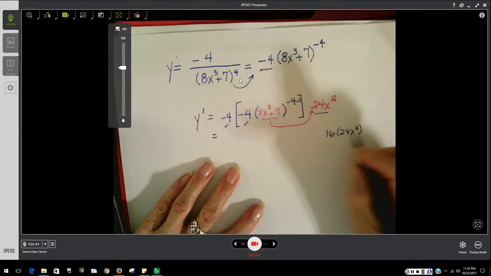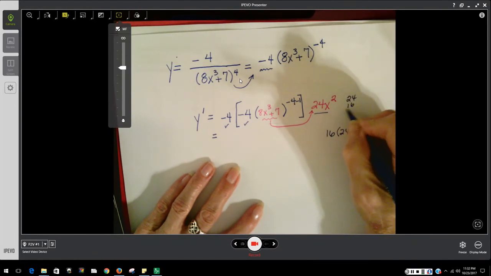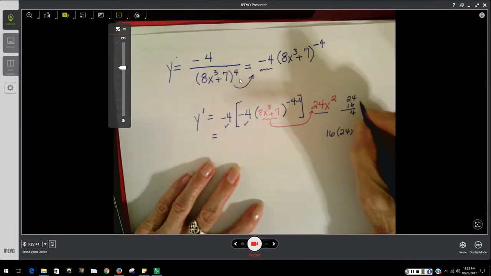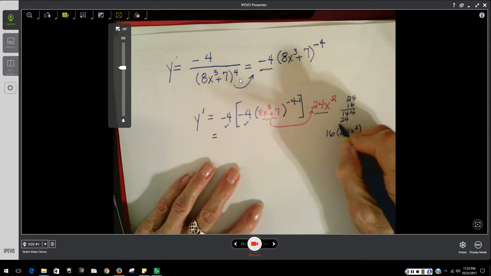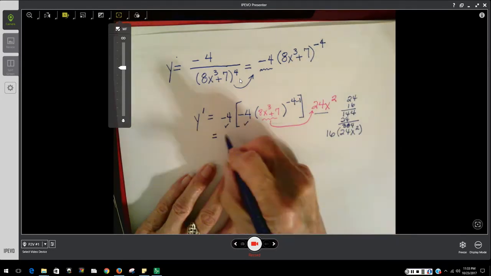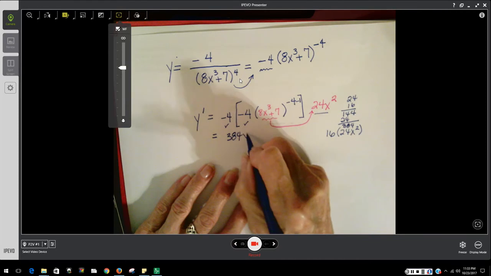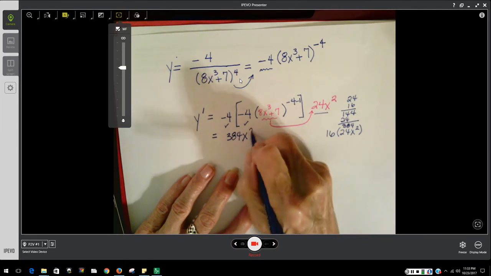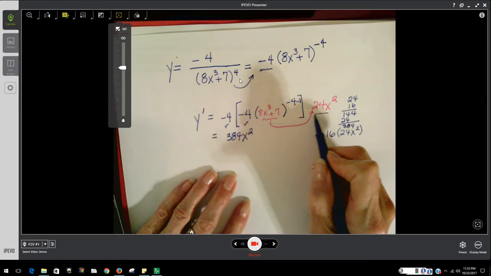And since 16 times 24 is going to be 384, then this is all going to be 384x squared. And again, that comes from negative 4 times negative 4 times 24x squared.